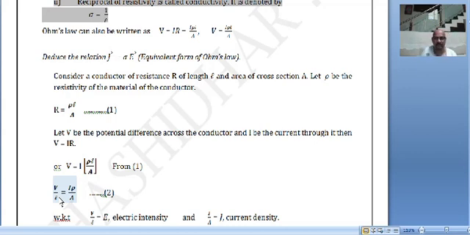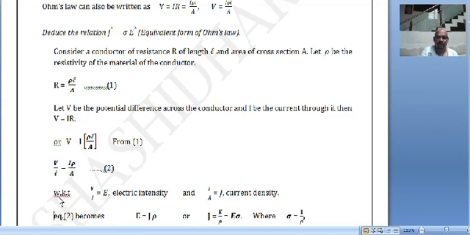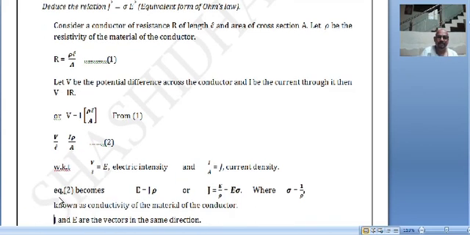Electric field intensity is equal to V by L. So V by L is equal to I rho divided by A. V by L is nothing but E. I by A is nothing but J; I is current, A is area, so I by A is J, current density.